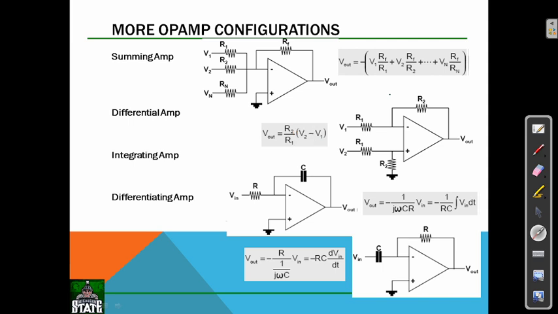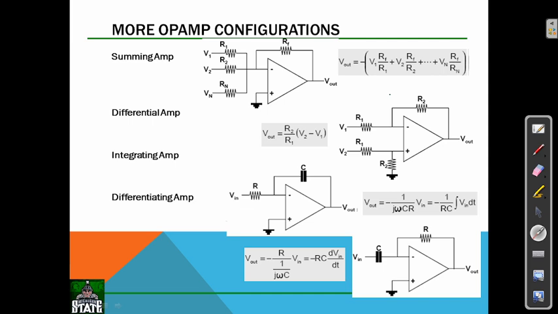Then we'll go for the integrating op amp. In this integrating op amp, we have an input voltage with resistor R. Here you can see in the integrating amplifier, the feedback is connected with a capacitor, whereas before the feedback only had resistors. Here it is a capacitor connected to the output voltage.